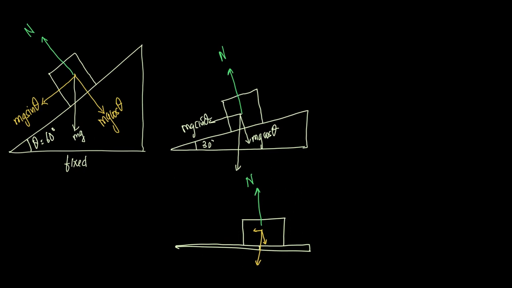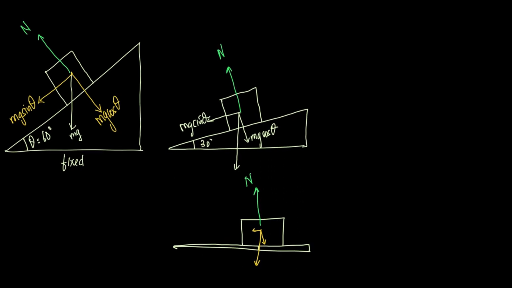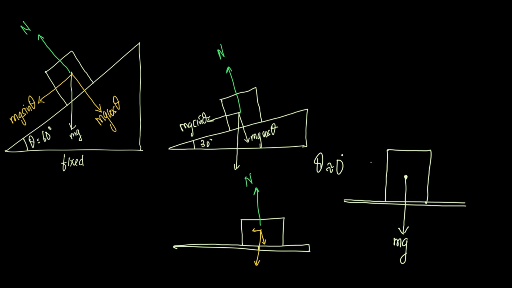And then if you were to make this theta almost equal to 0 degrees, there is no inclination, right? Two surfaces overlap. We know that the force vector can still be resolved.